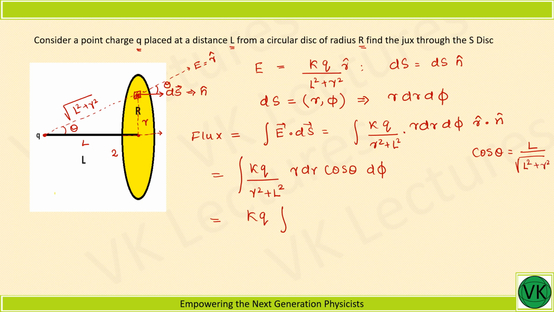So that's r dr into L divided by r square plus L square whole to the power 3 by 2, because here we have r square plus L square to the power 1, and this is r square plus L square to the power 1 by 2, into again d phi.